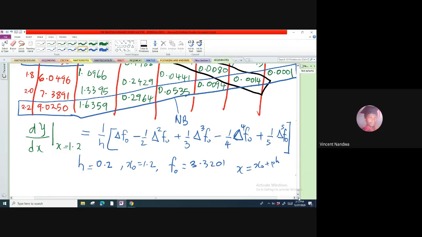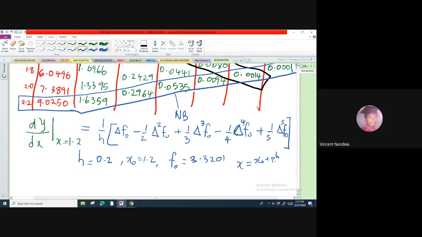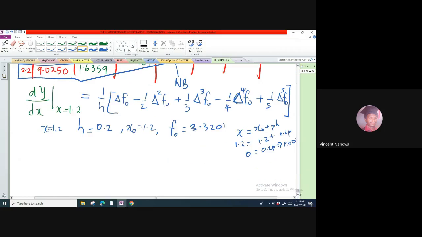So this is how we get p to be 0. x is 1.2 because they want us to find the value at 1.2. So we have 1.2 equals 1.2 plus ph, which is 0.2p. So 0 equals 0.2p, which means p equals 0. This is just to show why we are using p equals 0 in the formulas we derived before.